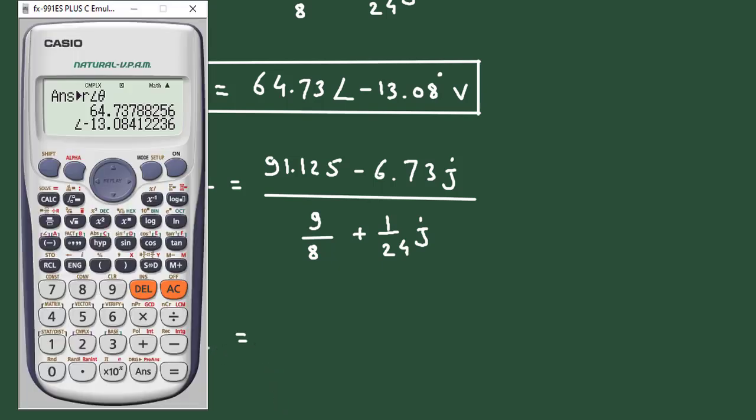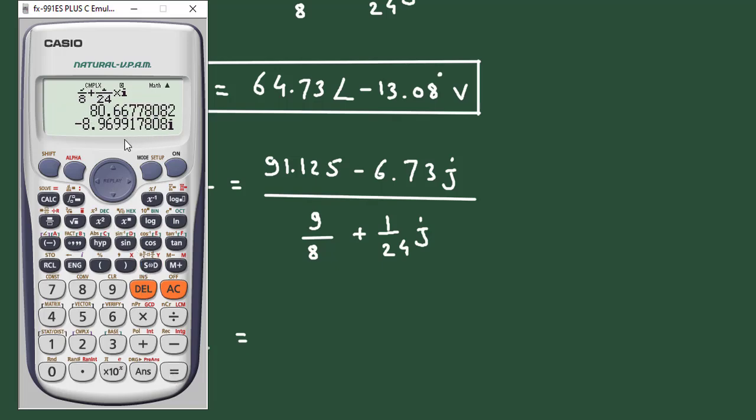V2 is equal to 91.125 minus 6.73 into j divided by 9 by 8 plus 1 upon 24 into j.